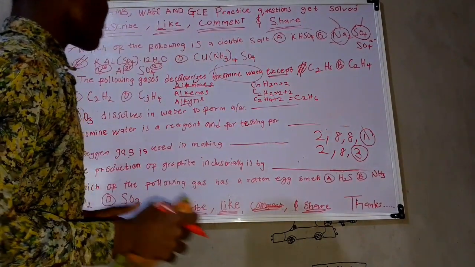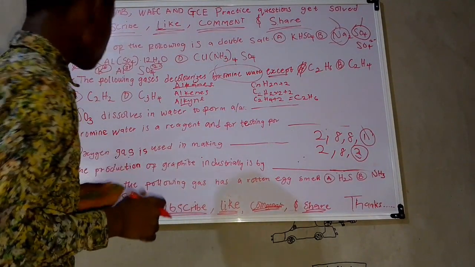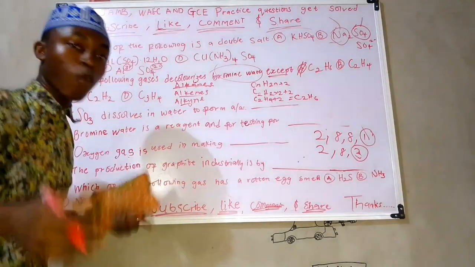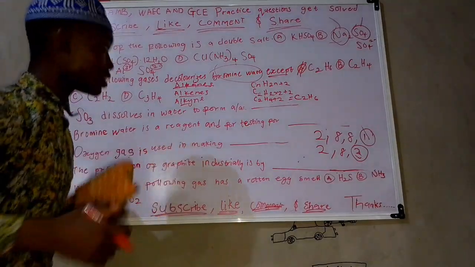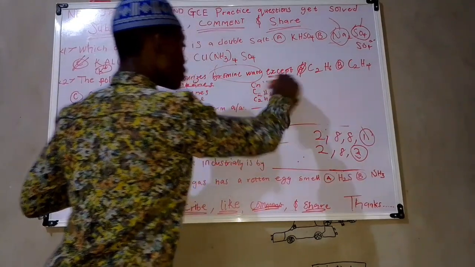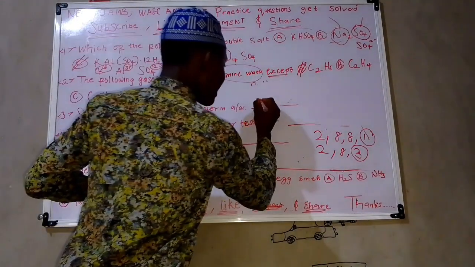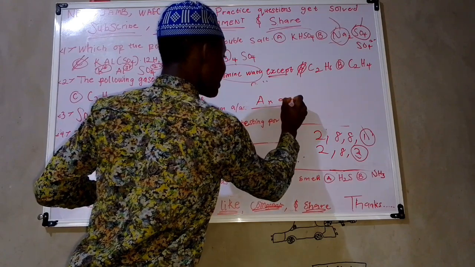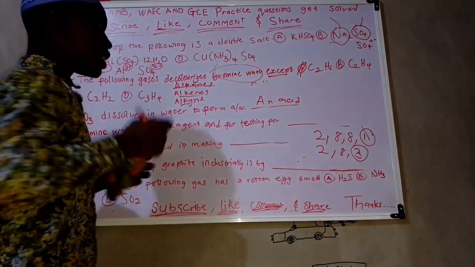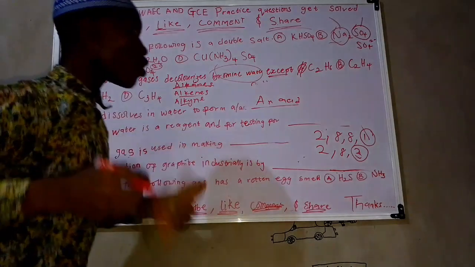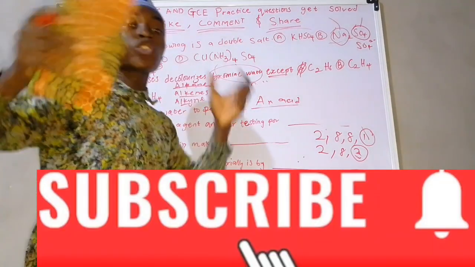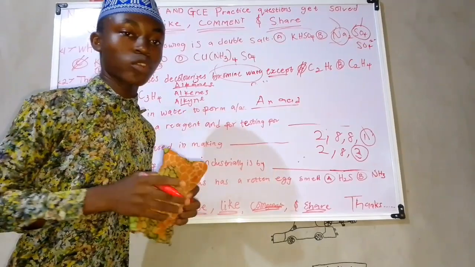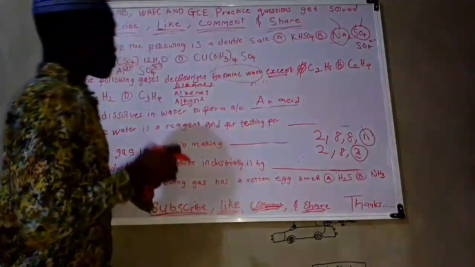Okay, moving on to the next practice question. SO3 dissolves in water to form blank. SO3 dissolves in water to form an acid, and the acid is sulfuric acid, which is also known as hydrogen tetraoxosulphate(VI), okay?